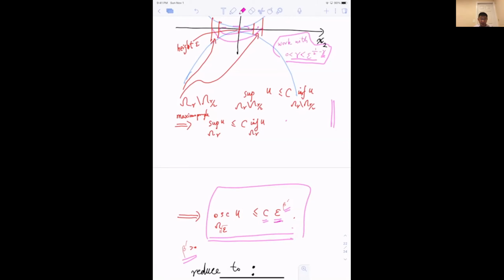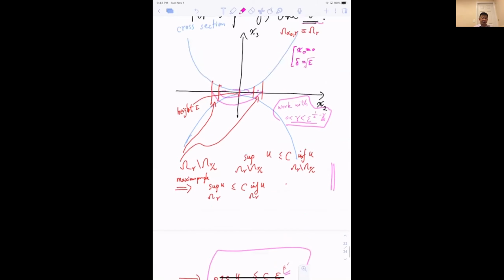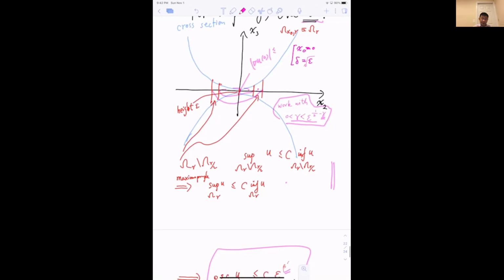So now we are in this situation. If we want to control the gradient of U at the center, you want to control that better than 1 over root epsilon, better by the quantity epsilon to some beta power.